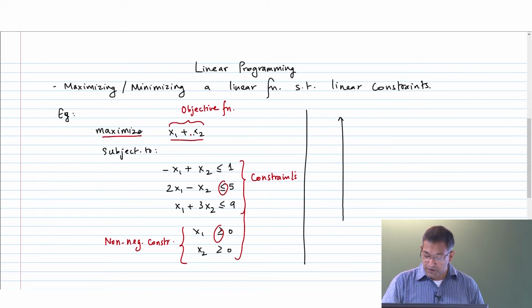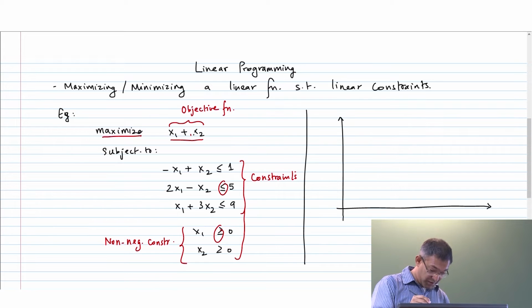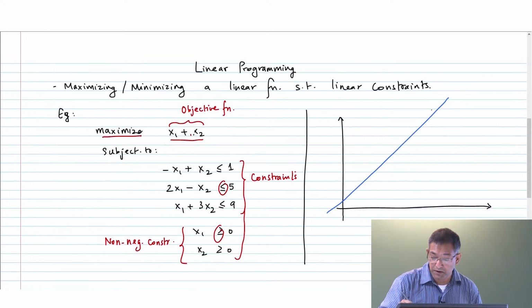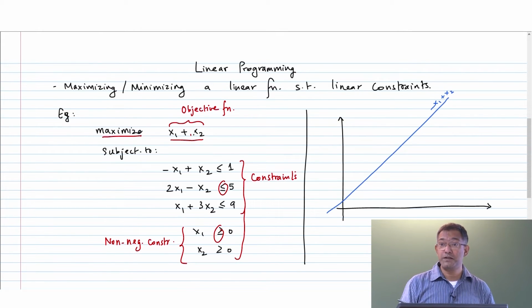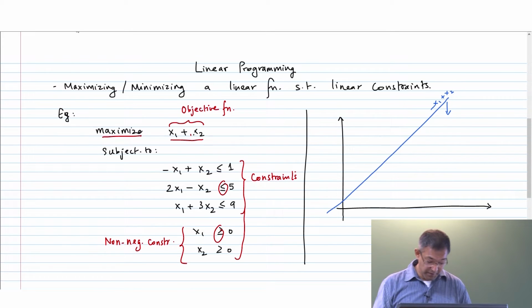These are only two variables, so we can actually plot it. Minus x1 plus x2 I guess looks something like that, and all the points with minus x1 plus x2 less than or equal to 1 form that half space. Okay.